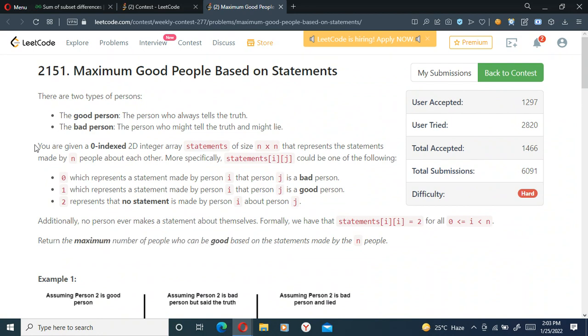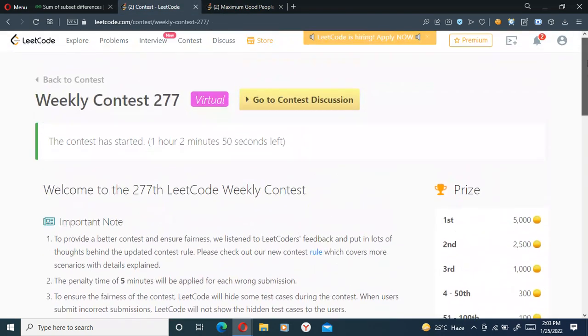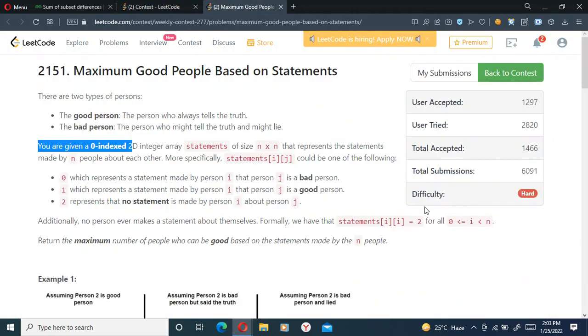What is the statement? You are given a zero indexed 2D integer array statements of size n cross n that represents the statement made by n people about each other.